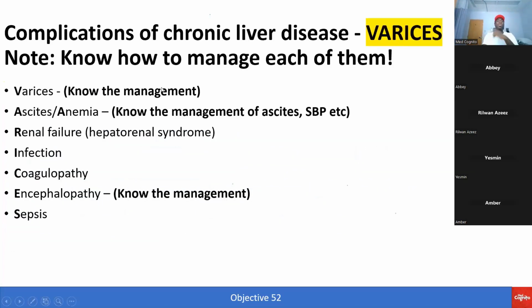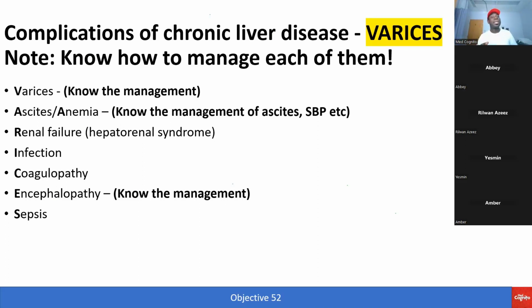So, trying to wrap things up, you've got to know how to manage complications of chronic liver disease, because the objective also states that. Some complications can be esophageal varices and ascites. With ascites, you must know how to manage the ascites itself and a complication of the ascites like spontaneous bacterial peritonitis.